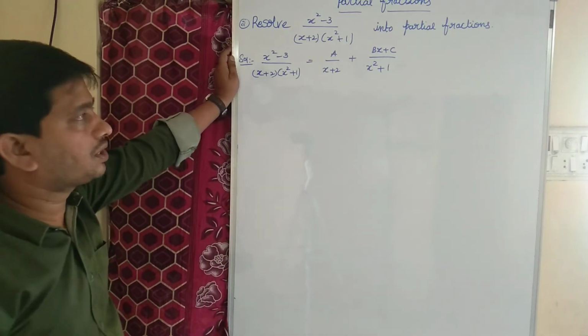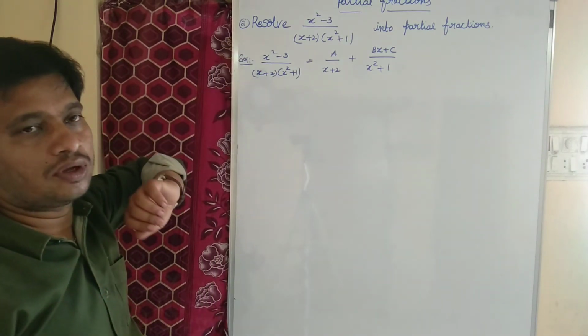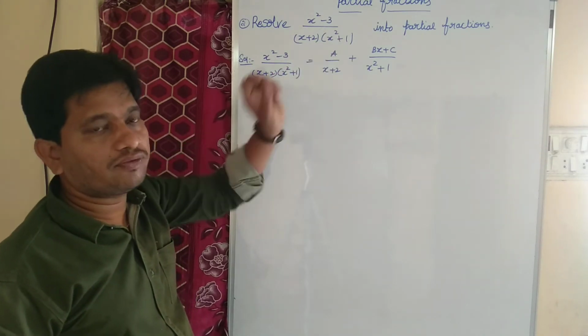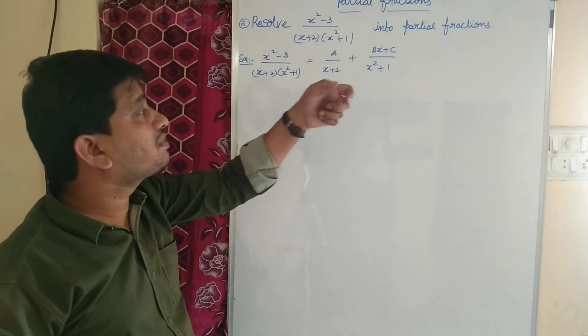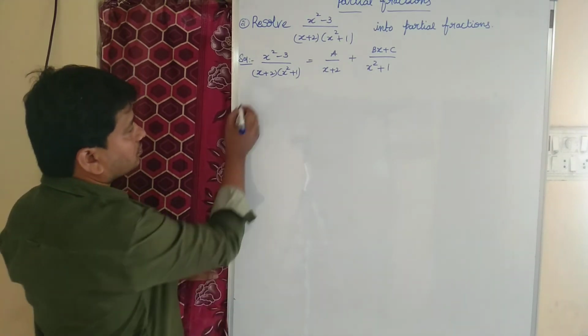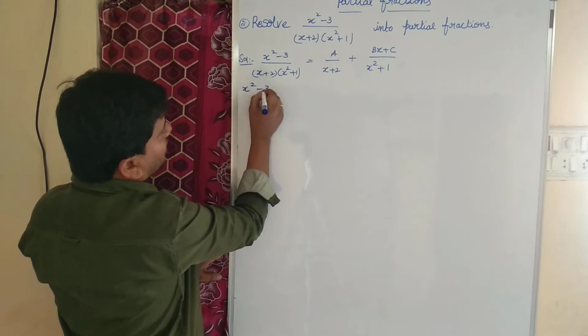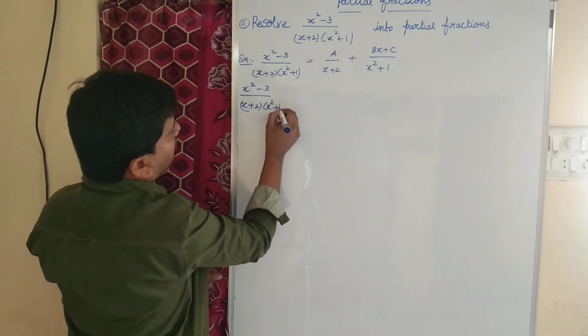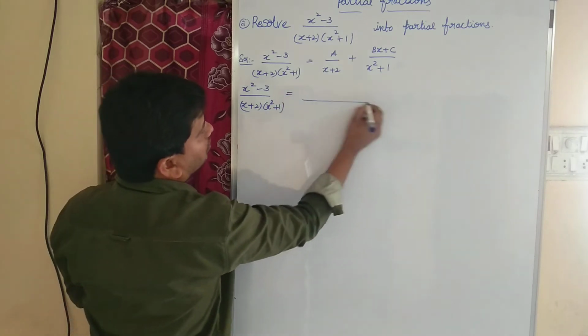The same method problem, children. So you have to see what is there in the denominator. If the degree is 2, then we need to write that as bx plus c by x square plus 1. Okay, children?